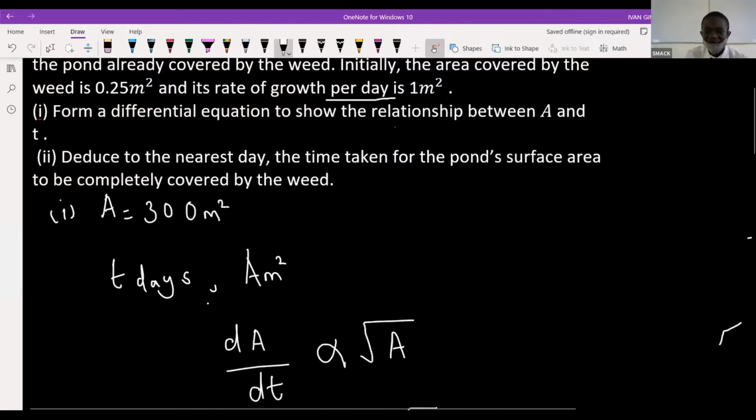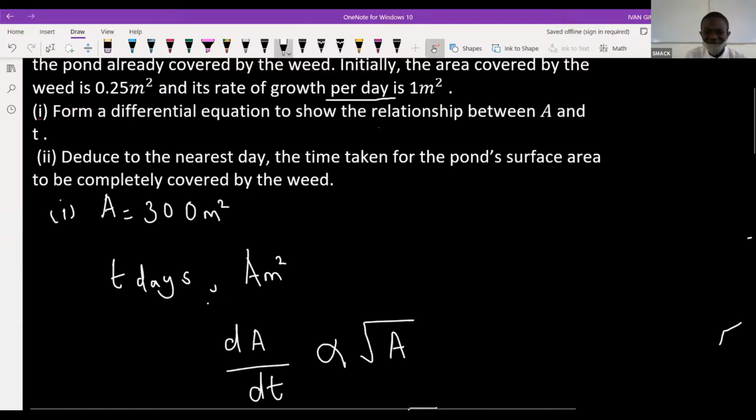So from people who do physics and chemistry, via the topic radioactivity, you can define your decay constant as the number of atoms that is disintegrating per unit time.